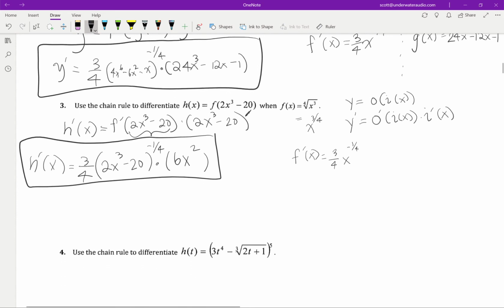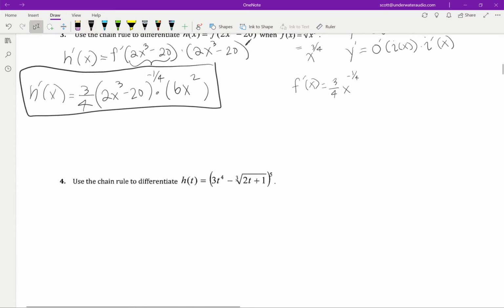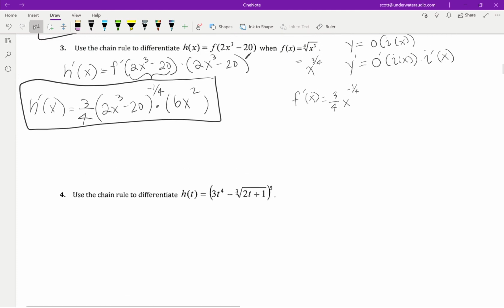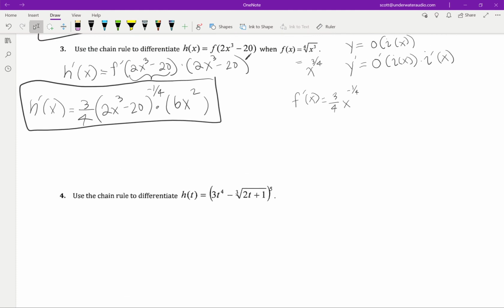Okay, let's just keep trucking along. Number 4, and I'll keep my formula up here on the screen as long as possible. So I'm supposed to use the chain rule, but this time I need to figure out what is composed with what. So if this is something you have trouble with, please do go and review composition of functions, because it relies heavily on you having a pretty good understanding of that.